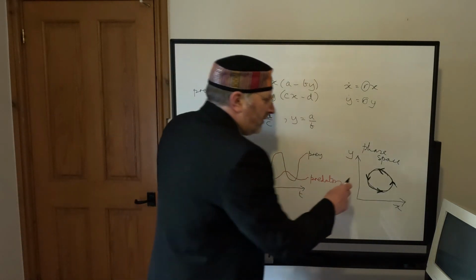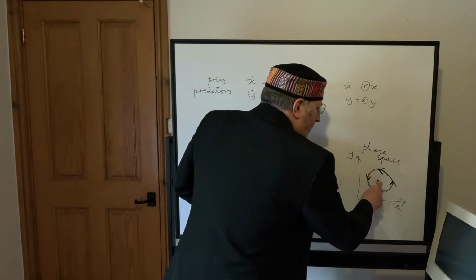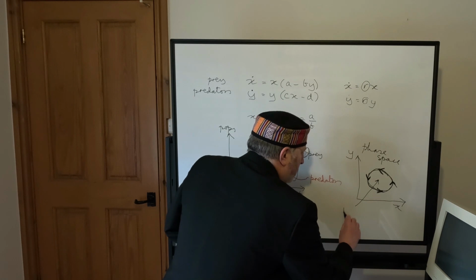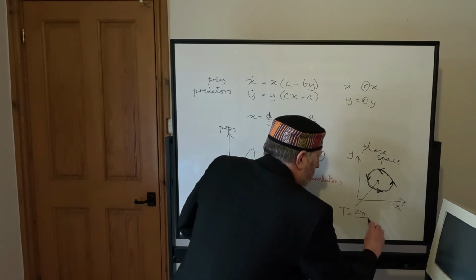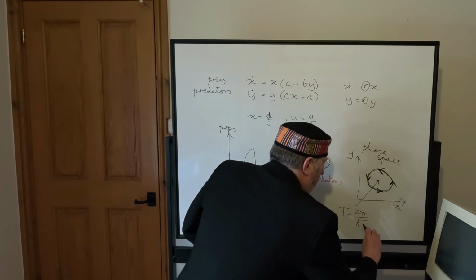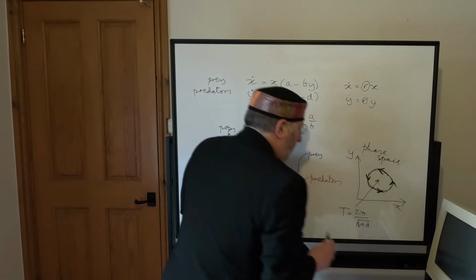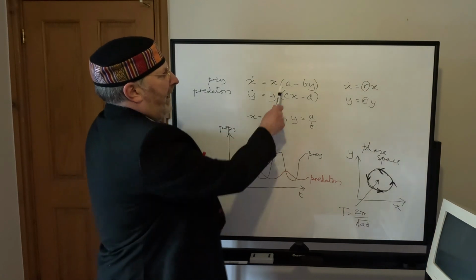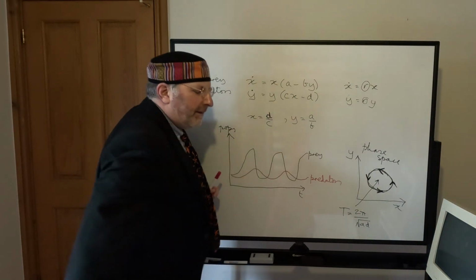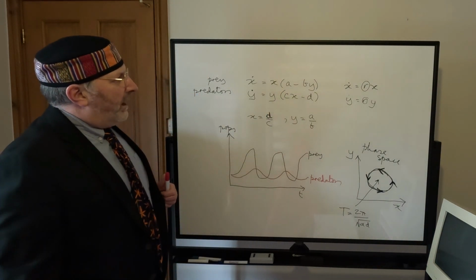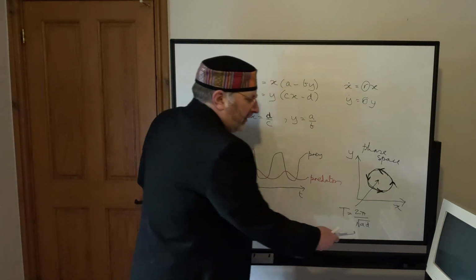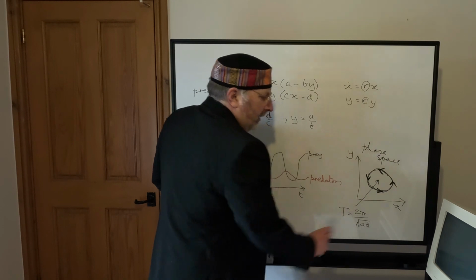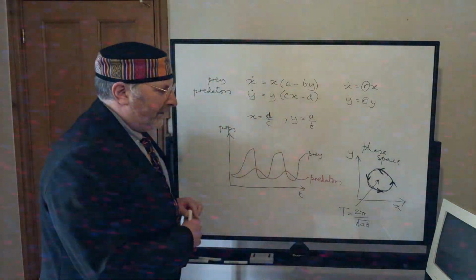And it's found that the period of this oscillation, T, is 2 pi over the square root of A times D, where A and D are these values in the Lotka-Volterra equations. So you can see that that's like omega in the simple harmonic oscillator.